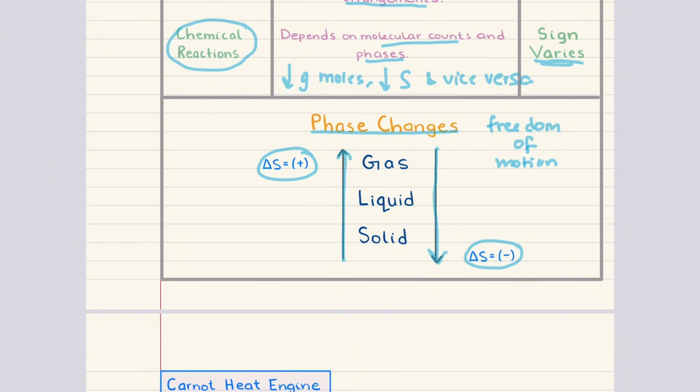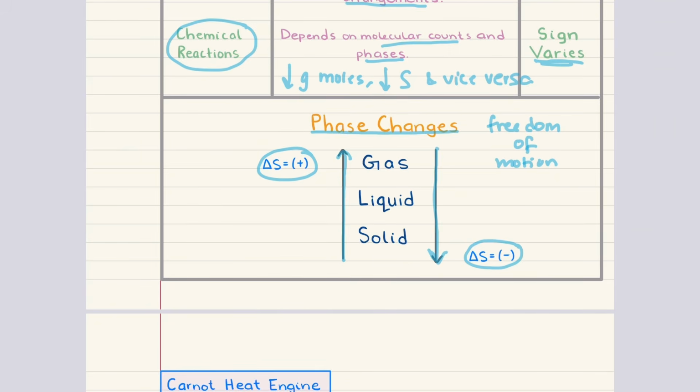So the entropy change at that temperature is going to have a similar magnitude, but negative sign. So in other words, decrease in entropy. In short, entropy tracks how energy and matter are distributed over the available levels and locations.